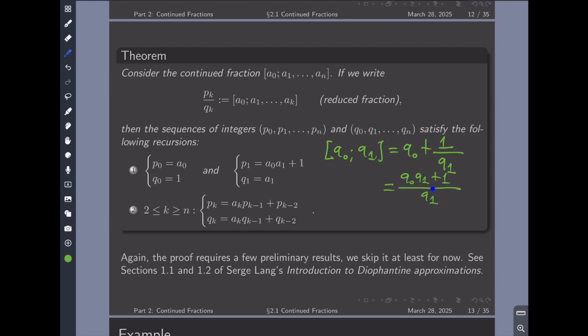So the greatest common divisor has to be 1. So this numerator is this one, and this denominator is this one.